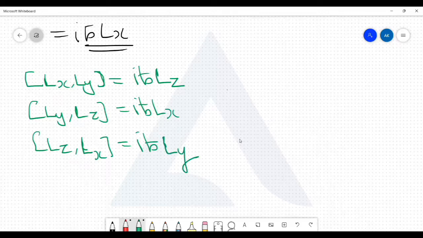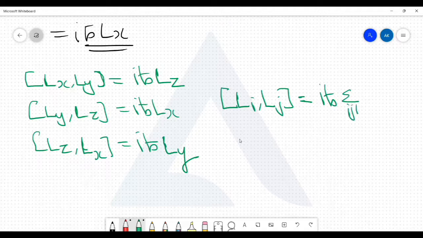More simply, we could write this: [L_i, L_j] equals iℏ ε_ijk L_k, with the Levi-Civita symbol. If it is in the same cyclic order, we will get plus 1. If it is in a different order, we will get minus 1. If some terms repeat, we will get 0.